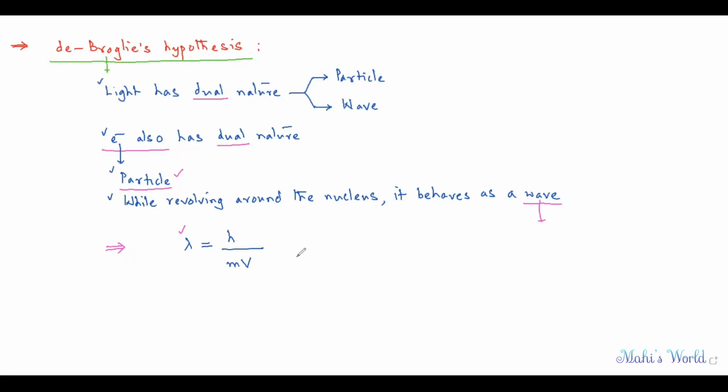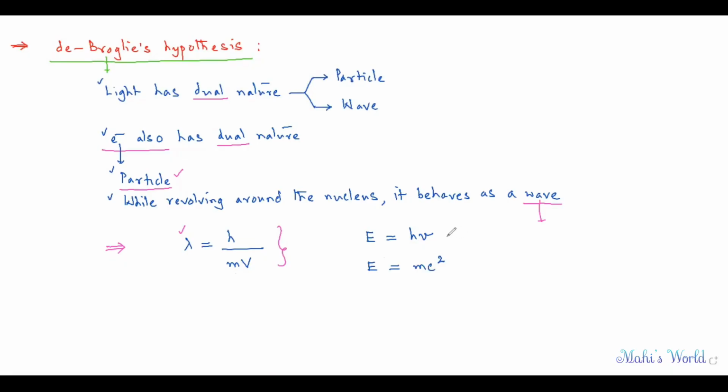Now, this can be derived simply from two things. One is E equal to h nu, the other one is E equal to mc square.